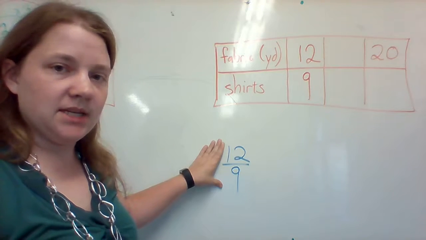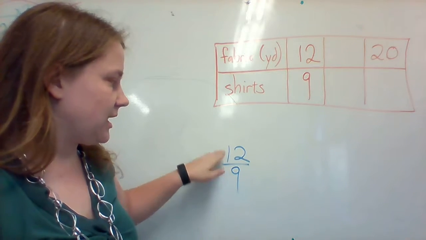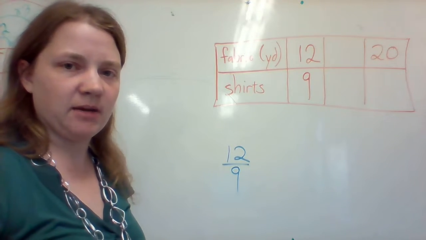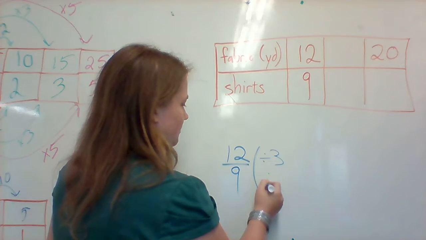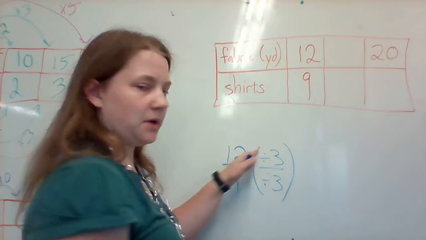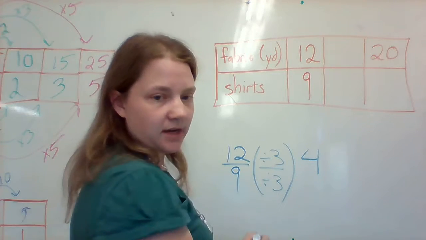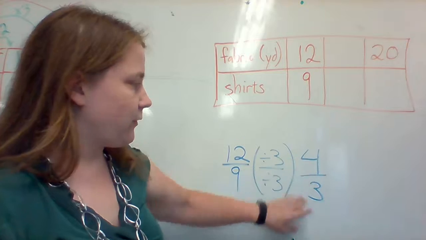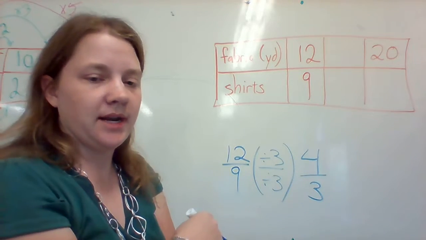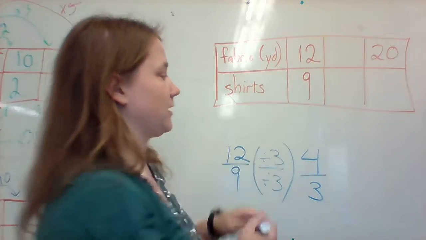So what can we divide this by? Well, I know that 3 goes into 9 and into 12, so let's try dividing by that. 12 divided by 3 is 4. 9 divided by 3 is 3. And looking at 4/3, I can't think of any number that I can evenly divide those two numbers by. So that's what we're going to put back up here.